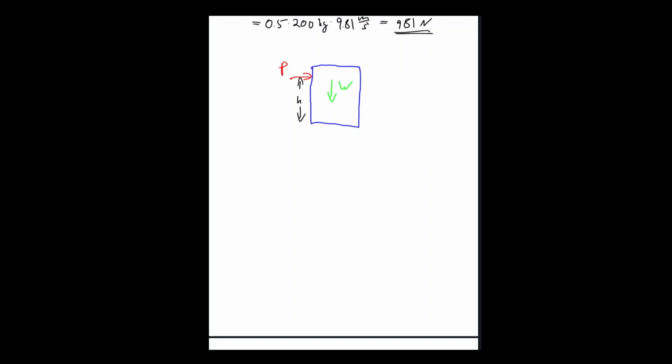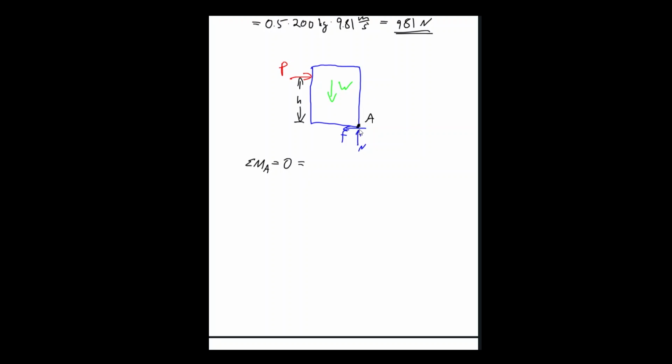And now, because we know that we're just about at tipping, we know that our normal force acts here and our friction force. And maybe let's just give this point a name. That is point A. All right, so all we have to do then is do the sum of moments around A. We know that's 0 because we don't want it to move. It's supposed to be just before it starts moving. So what do we get?